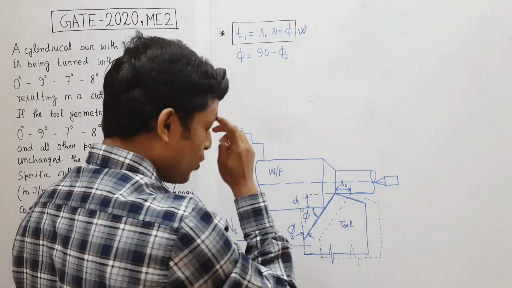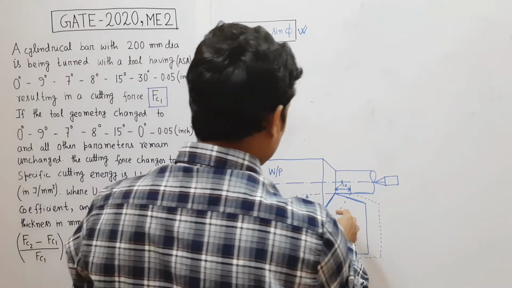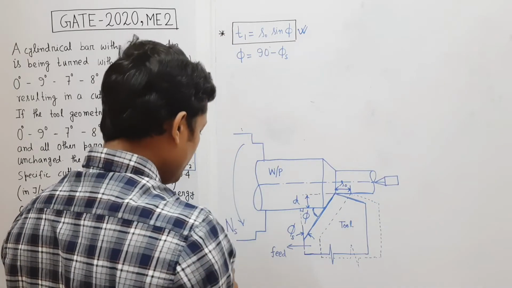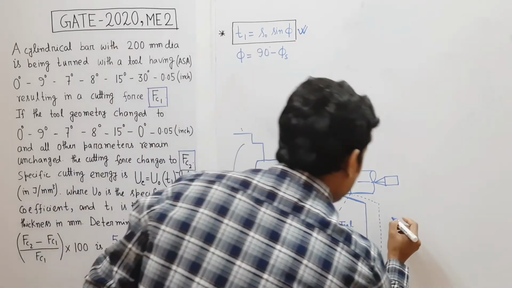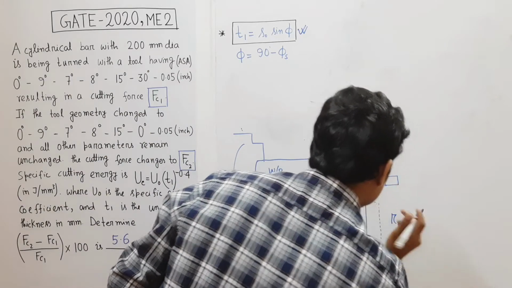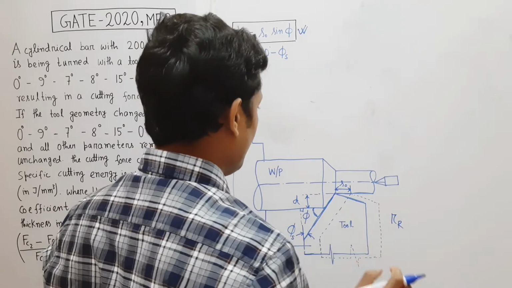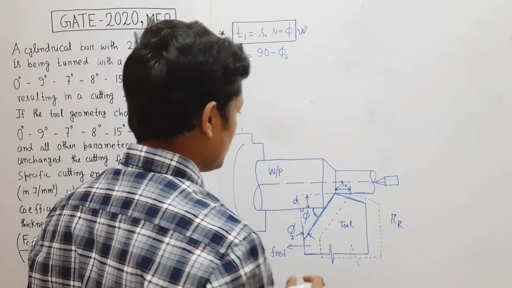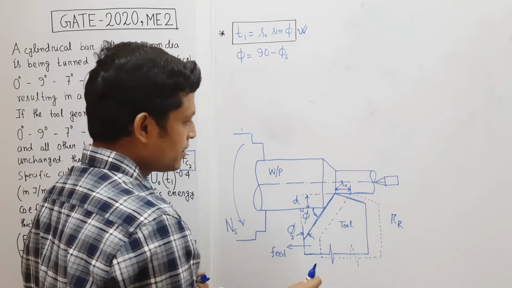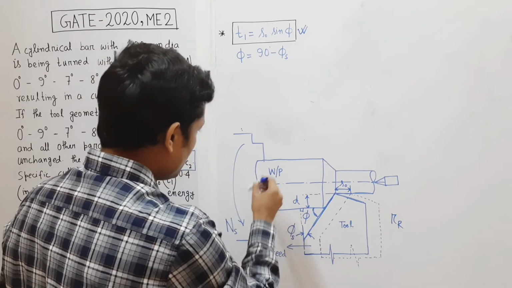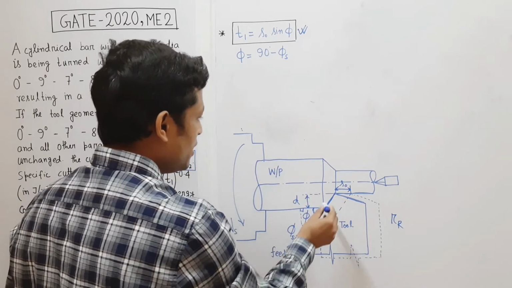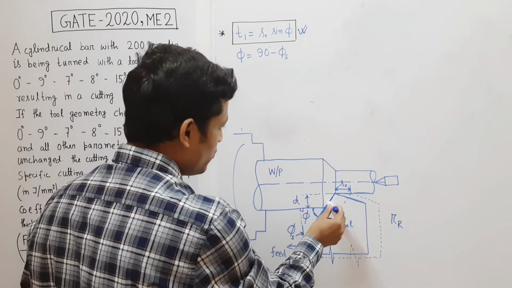This is a single point turning tool and a typical turning operation. Okay. So this view is in pi r, that is on the reference plane. What the reference plane and other terms are, I have explained in the tool geometry class. This is the reference plane, that is, if this workpiece is rotating, then VC will be perpendicular to this board.